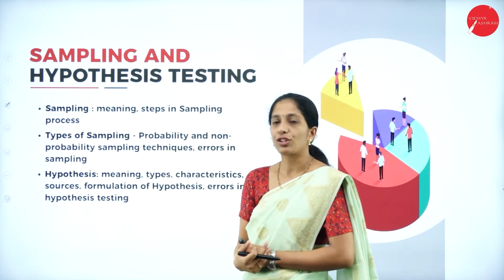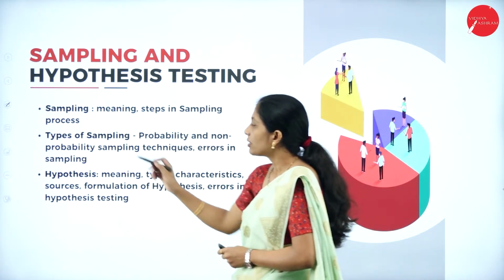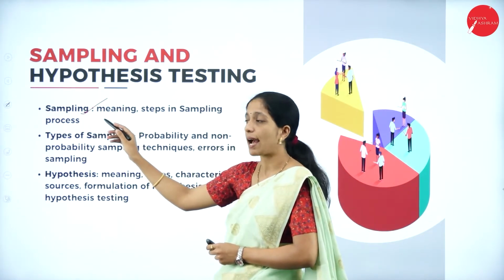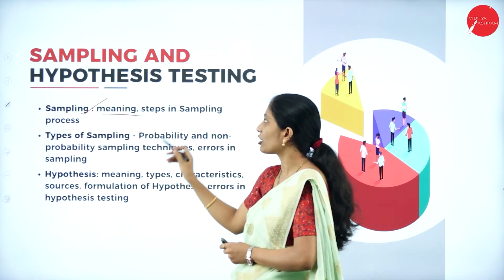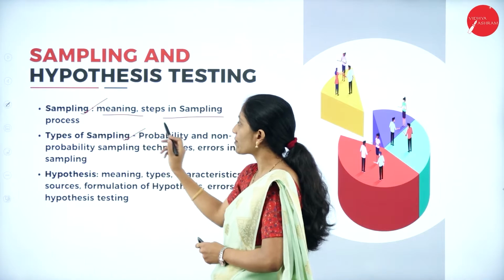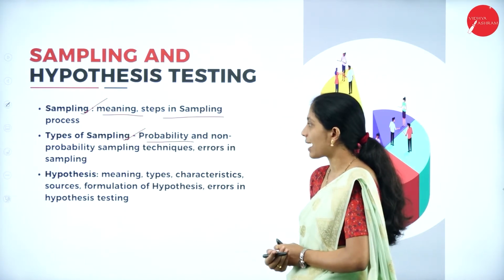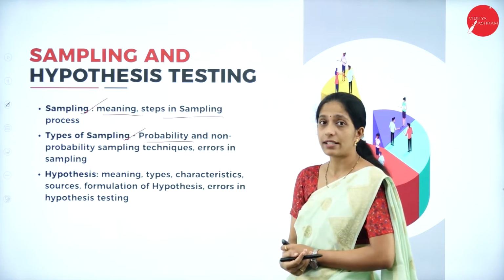Now coming to the fourth unit, sampling and hypothesis testing. Here you are going to learn about sampling. What is the meaning of sampling? Steps in the sampling process. Types of sampling. It may be probability as well as non-probability sampling techniques, and errors in sampling.